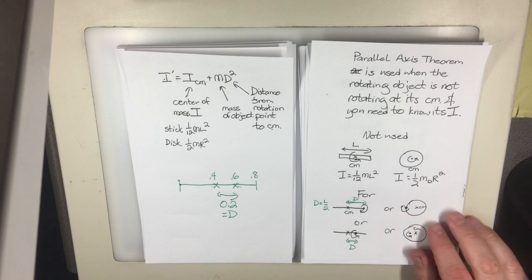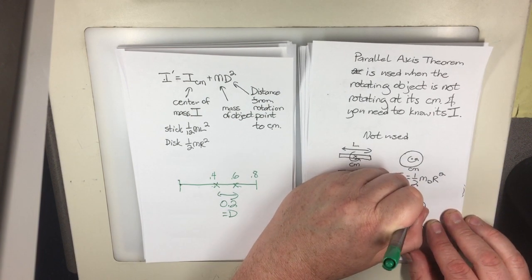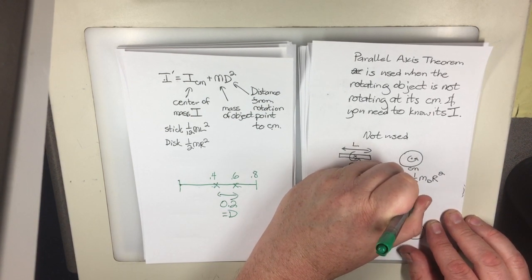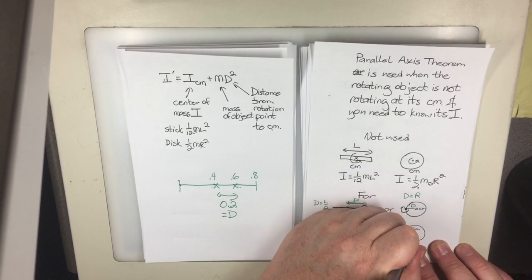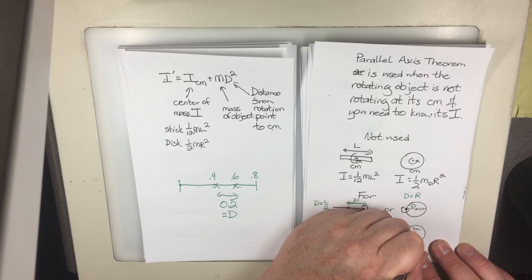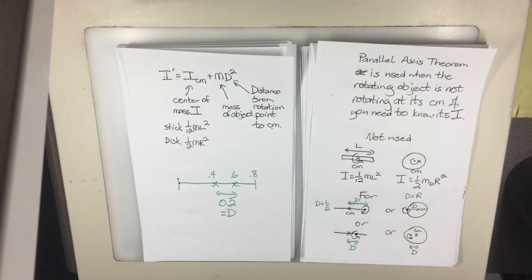In these cases, that is your d, and d in this case is equal to r. Here it is just whatever I said that distance is, and so it could be anything.